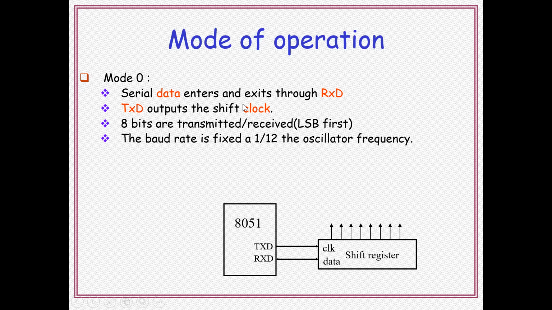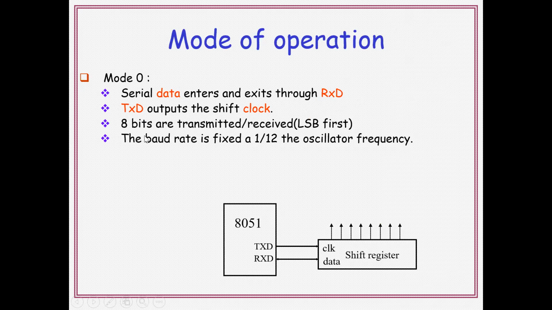So here serial data enters and exits through the RxD pin only, which indicates the data transmission and receiving happen through RxD only. And what about TxD? TxD supplies the shift clock pulses.